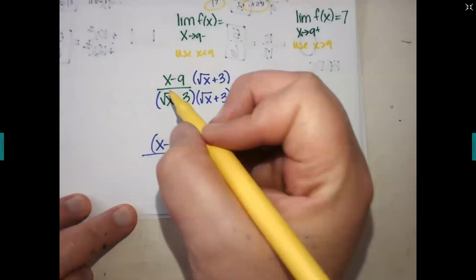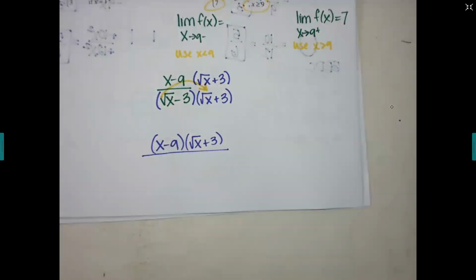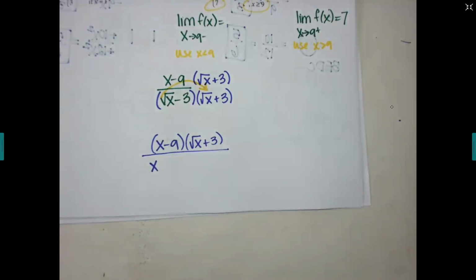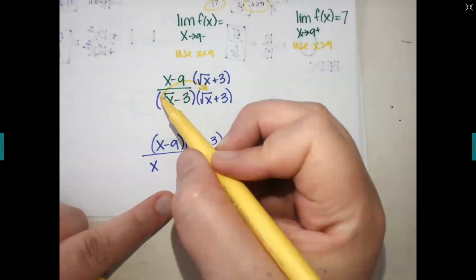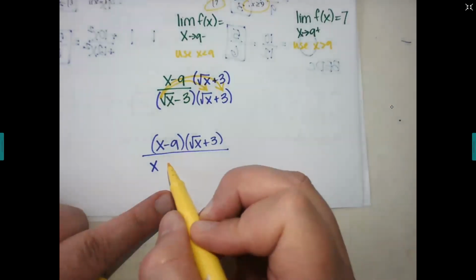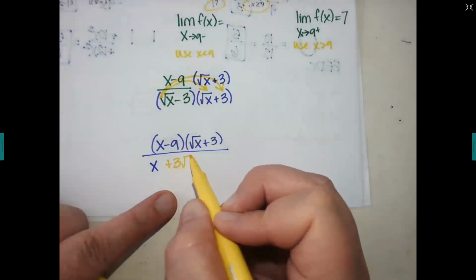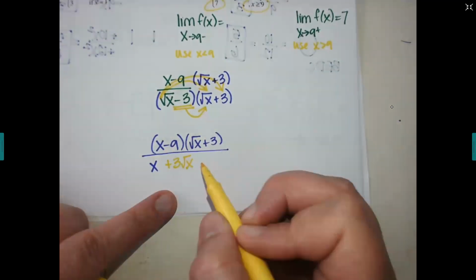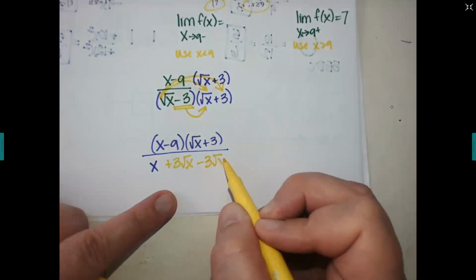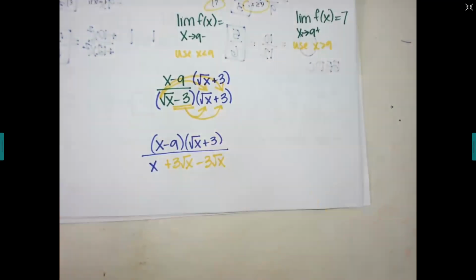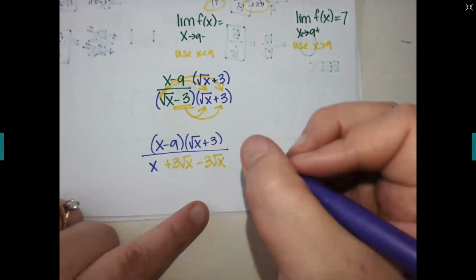Root x times root x is regular x. My next two terms are gonna be root x times 3. What's that? 3 root x. And then a minus 3 times root x is gonna be a minus 3 root x. Last term is gonna be negative 3 times 3, which is negative 9.